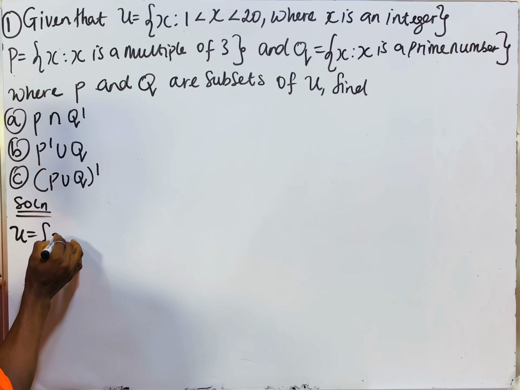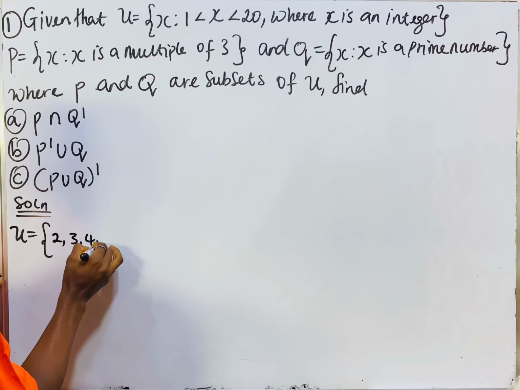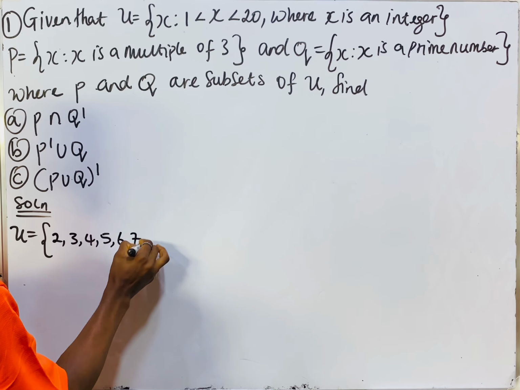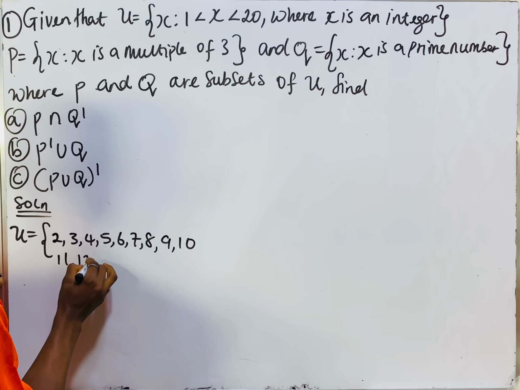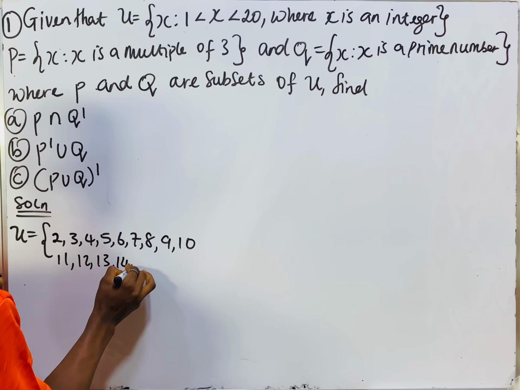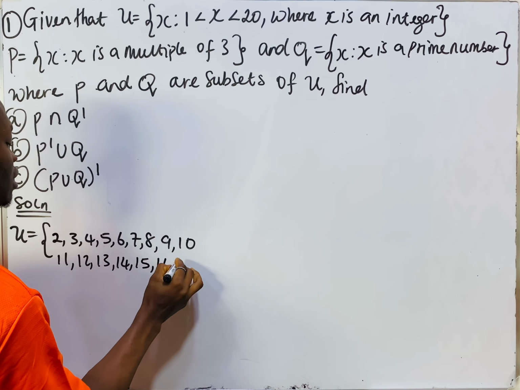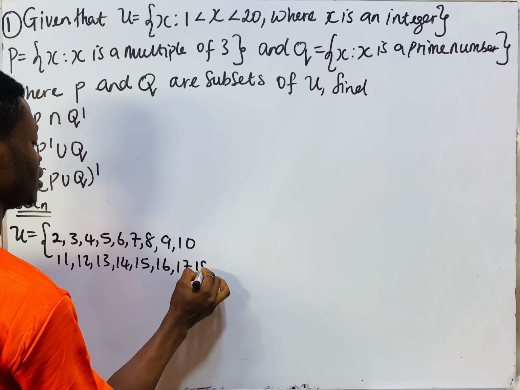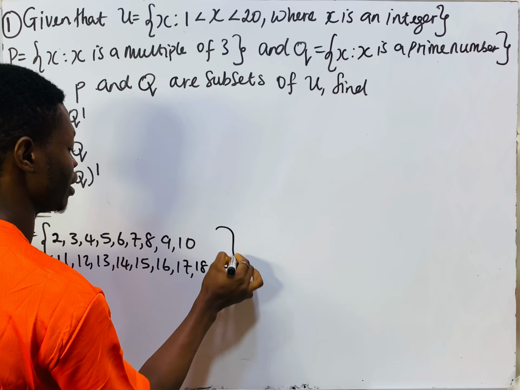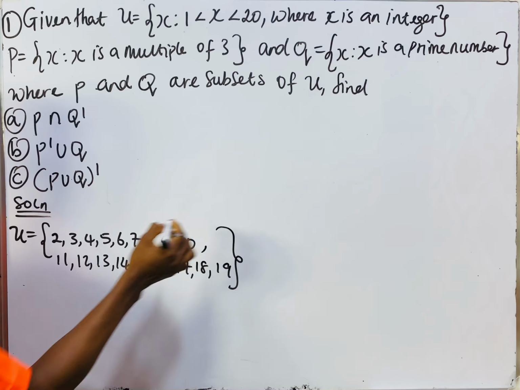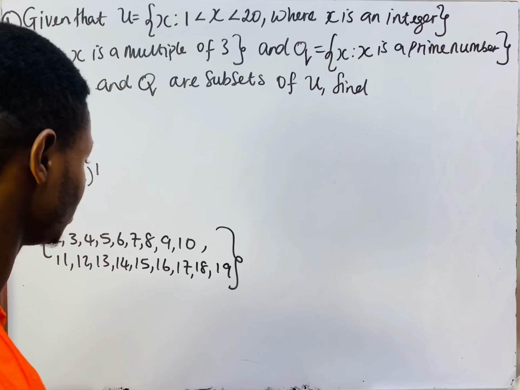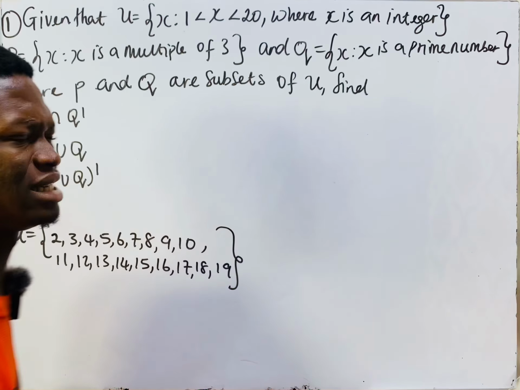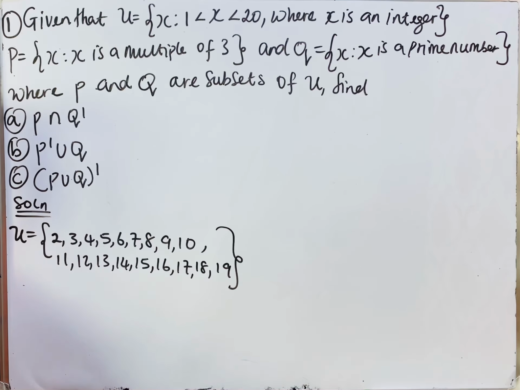So we are going to have 2, 3, 4, 5, 6, 7, 8, 9, 10, 11, 12, 13, 14, 15, 16, 17, 18, 19, and we are going to stop. So these are the elements that our universal set contains. And of course, they say that x is an integer. Yes, all these things are positive integers.